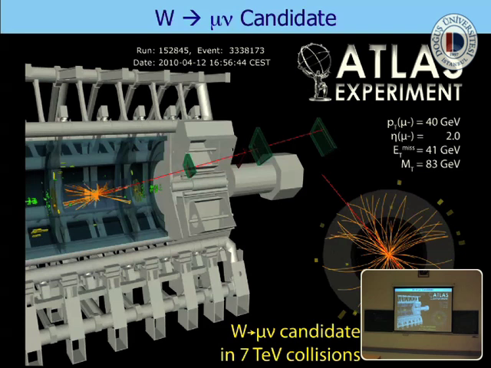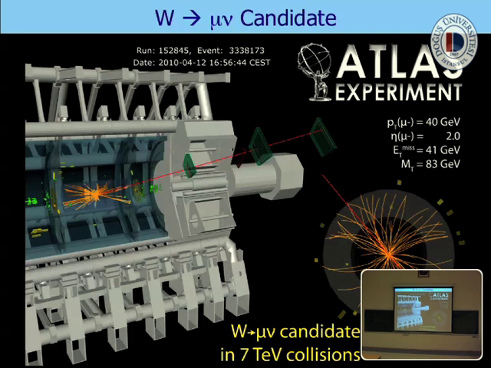How can we reconstruct W particles? Missing PT for the neutrino. Exactly. If you would like to reconstruct W's, or particles which decay to one visible particle and one invisible particle, then we calculate the missing energy.